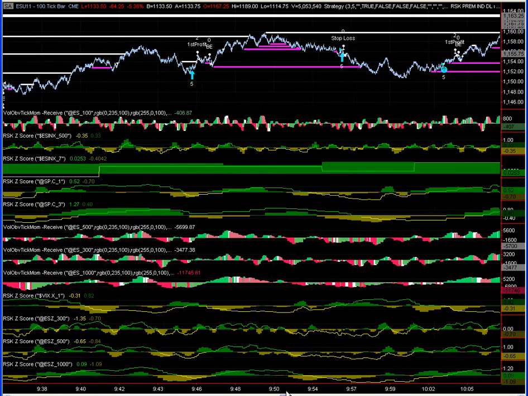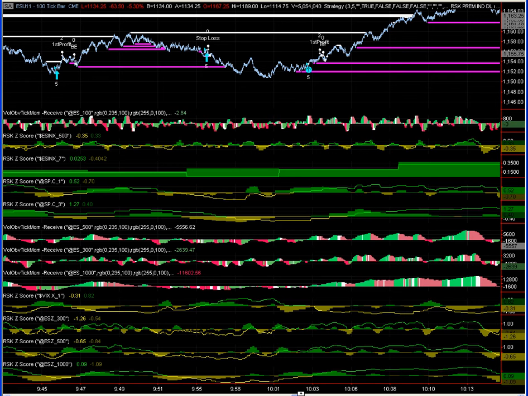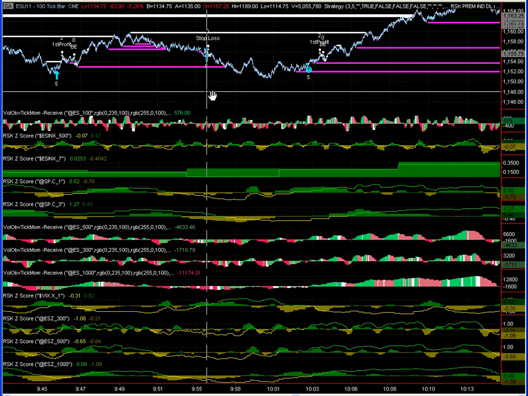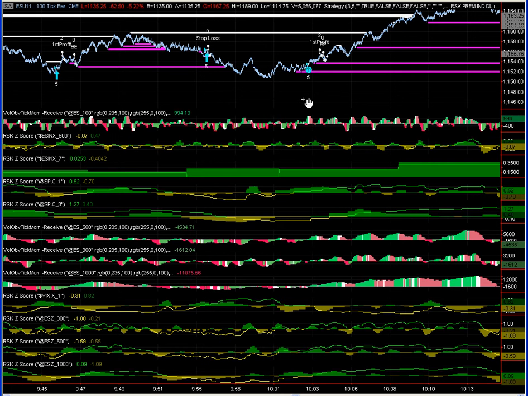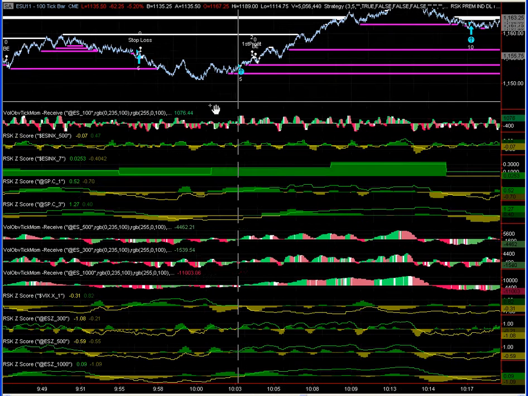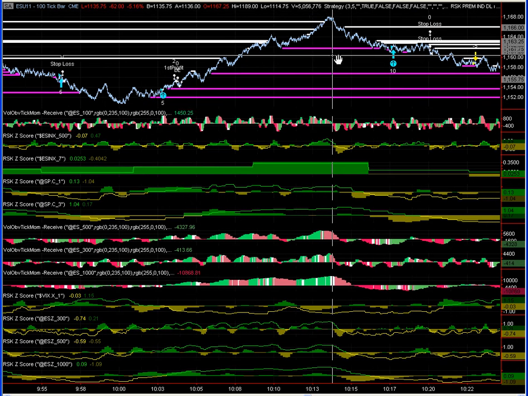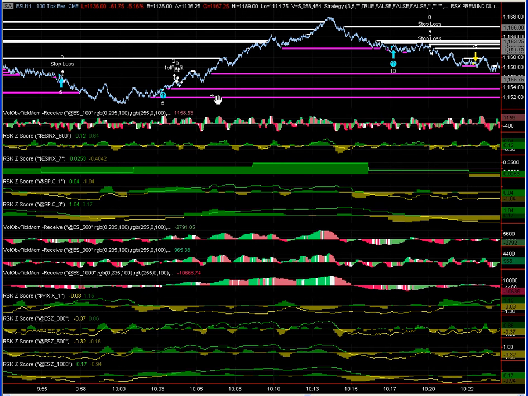Alright, here we have our first trade that got actually stopped out. Have a trade here long, got exited at break even. Now, had we set this up a little bit differently, you could see that this trade could have been held for a whole lot longer.